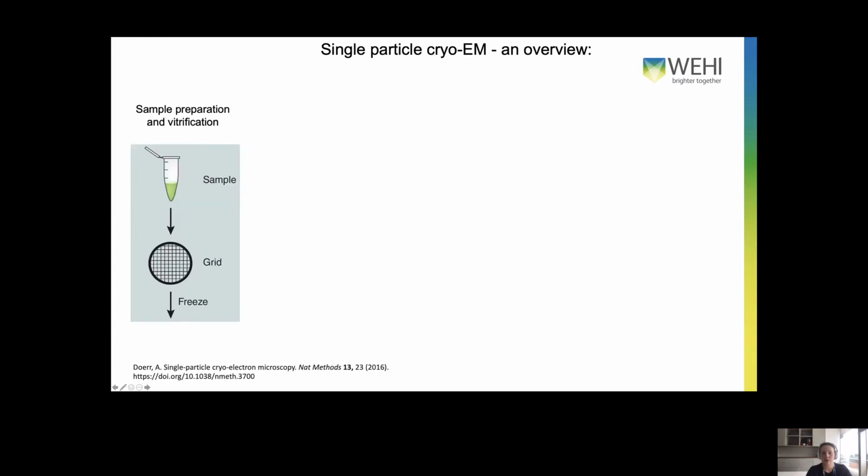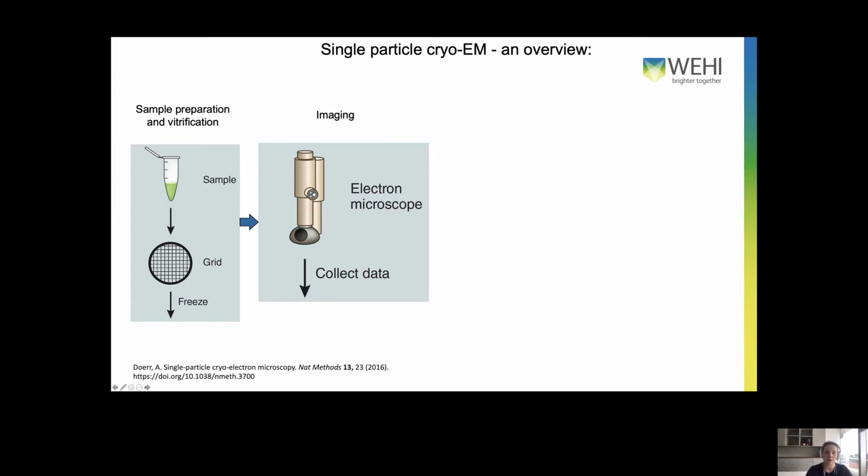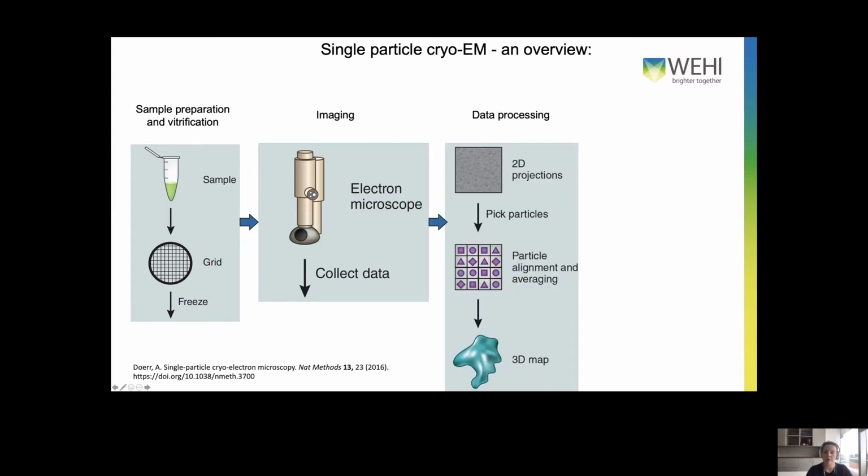So the overview of how we perform single particle cryo-electron microscopy experiments is here. We start with sample preparation. For this, you will need a fairly homogeneous pure sample, which can then be applied to the grid. Then the grid is frozen and put in the electron microscope. Then we collect the data and process the data.